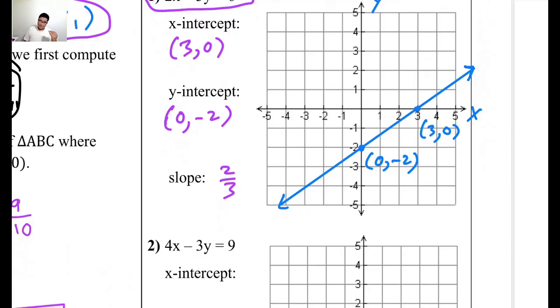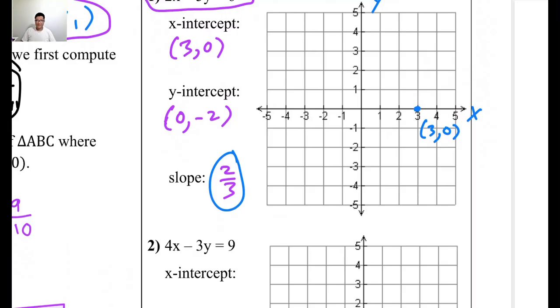A second approach to sketching the graph of a line is using the concept of slope and one point. Remember the point-slope form? It's the same line, but I'm going to redraw it. Let me remove this, and let me also remove the y point.